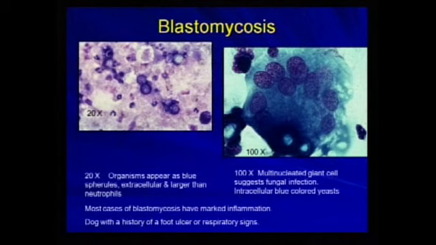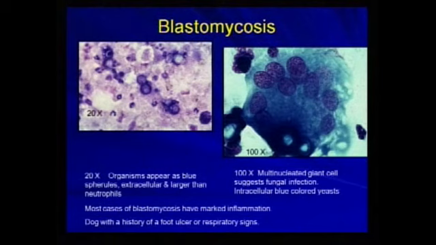In one area of the transtracheal wash, we saw multinucleated giant cells, which are not extremely common, but can be seen in fungal infections. Usually blastomycosis and histoplasmosis have a lot of inflammation, as does coccidiomycosis.